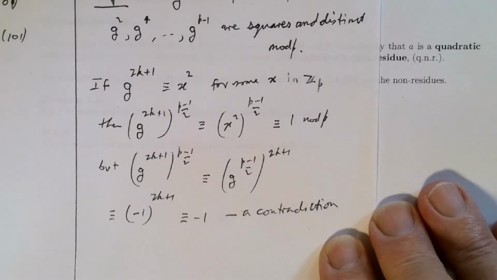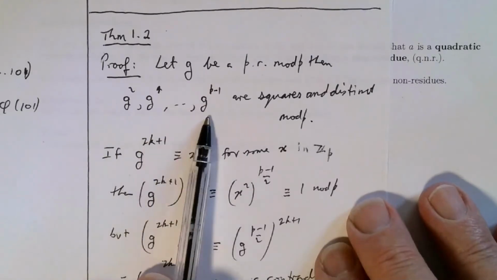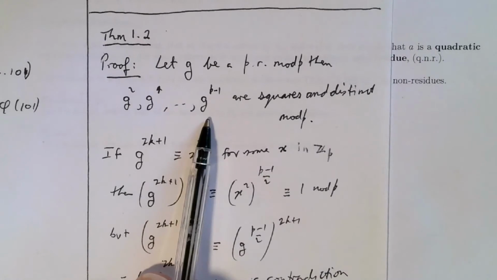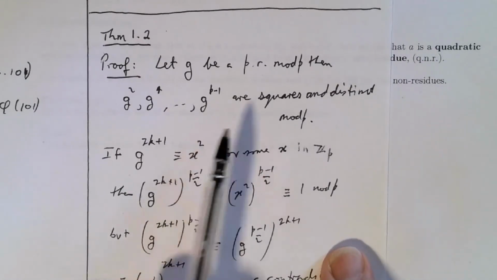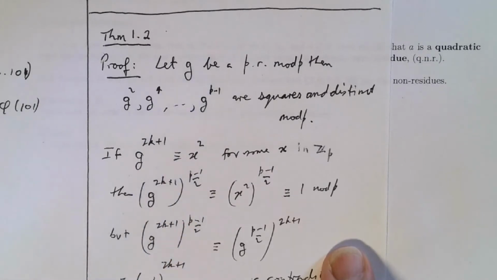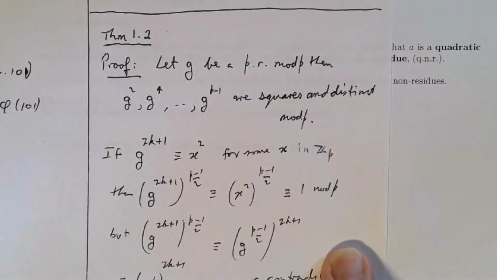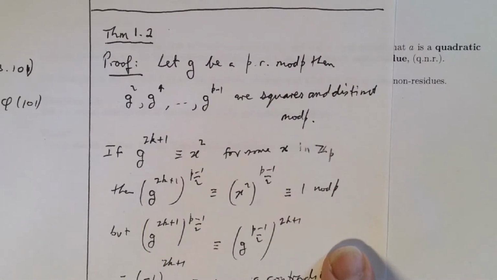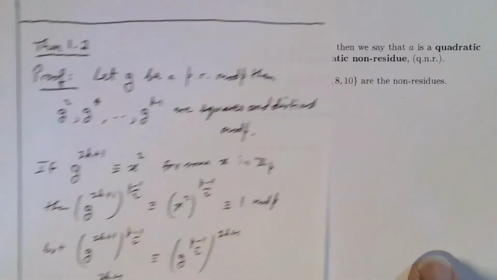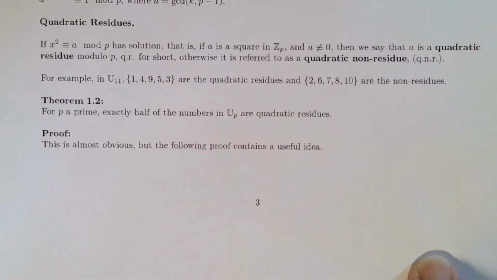So that tells us that the (p minus 1) over 2 even powers of the primitive root are squares, and the (p minus 1) over 2 odd powers are not squares. And so that's a nice little fact, just proving that result that was otherwise fairly obvious anyway.